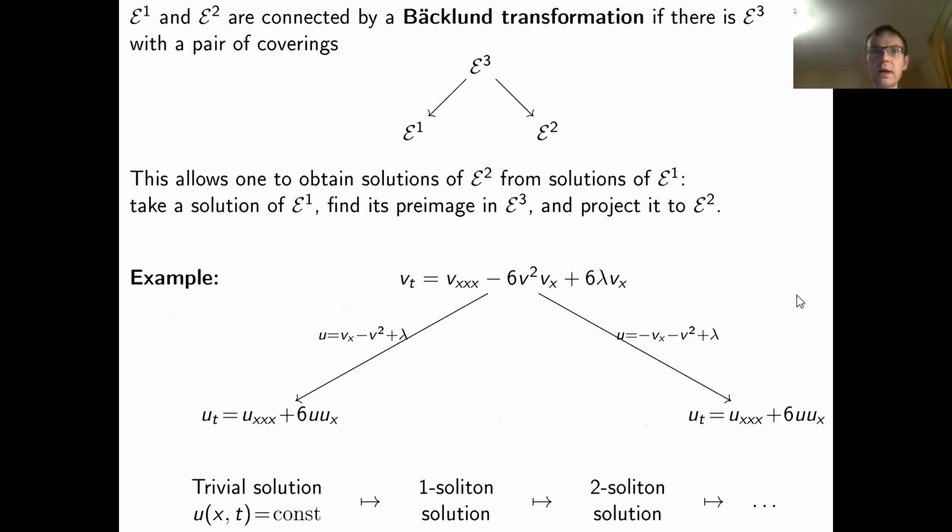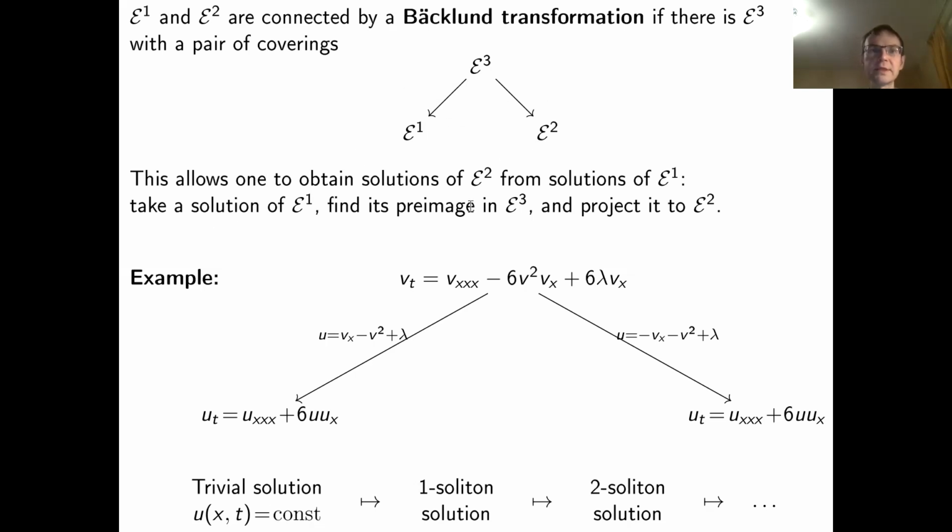Now, how can Bäcklund transformations be described using this language? Suppose that we have two PDEs, E1 and E2. One says that E1 and E2 are connected by a Bäcklund transformation if there is another PDE E3 and a pair of coverings from E3 to E1 and from E3 to E2.